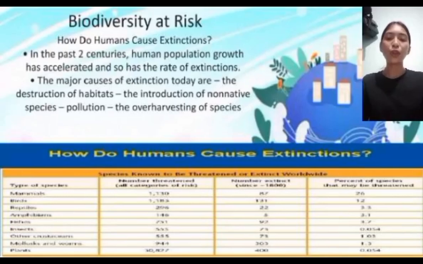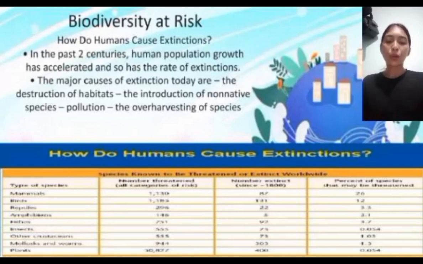Biodiversity at risk. How do humans cause extinctions? In the past 2 centuries, human population growth has accelerated and so has the rate of extinction. The major causes of extinction today are the destruction of habitat, the introduction of non-native species, pollution, and the over-harvesting of species.